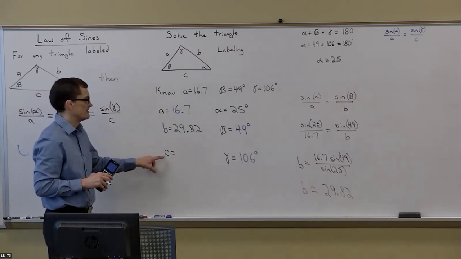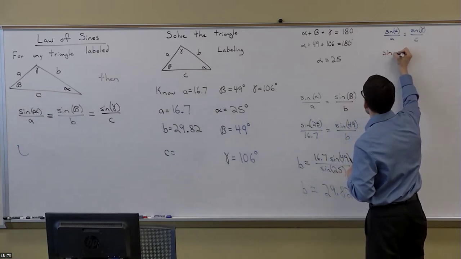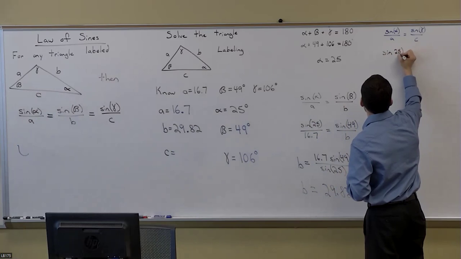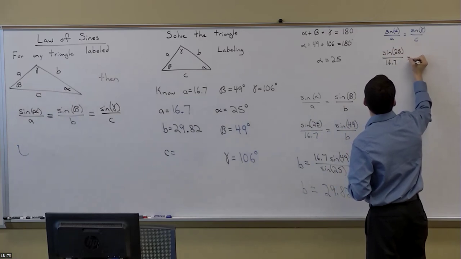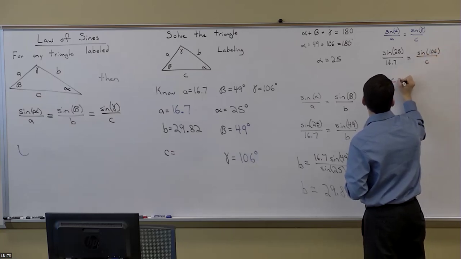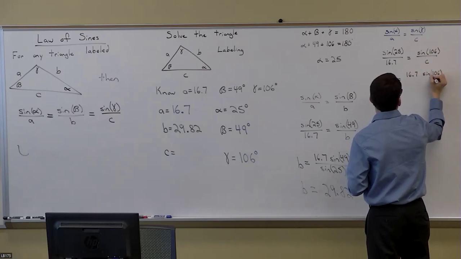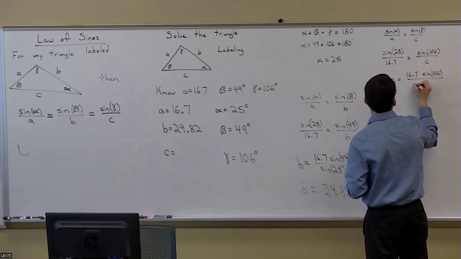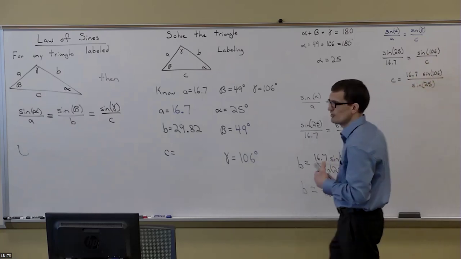When I did the same thing to find C, by the way, hopefully you notice that if you're using alpha and A again, and you're trying to find C rather than B, the only thing that changes is the angle that you put into your sine in the numerator.